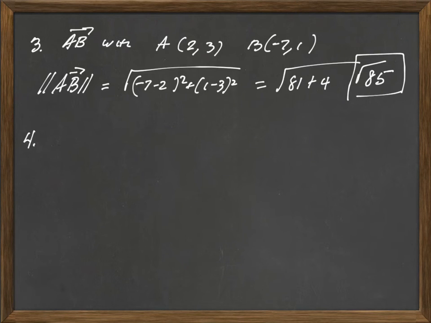And number 4, you have vector EF, and E is (-8, 8) and F is (-10, -2).